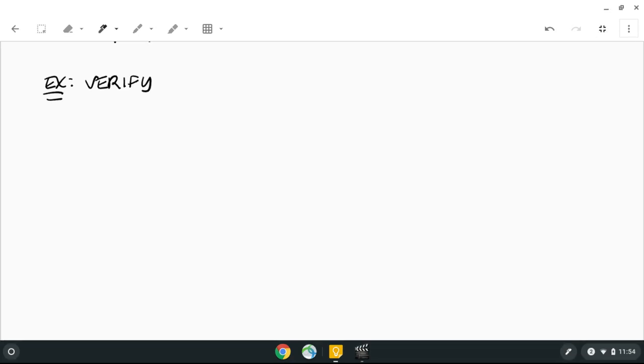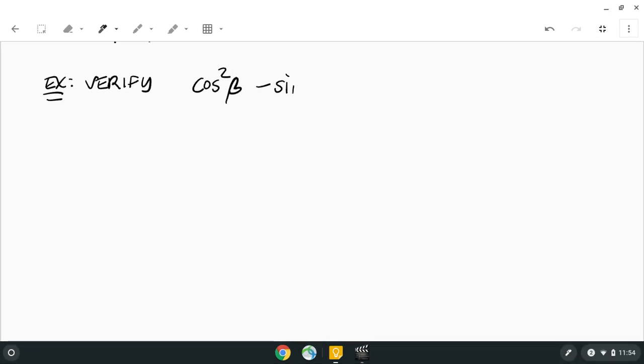Let's take a look at another one. Verify cosine squared beta minus sine squared beta equals 1 minus 2 sine squared beta. These actually both look equally complicated, each side.